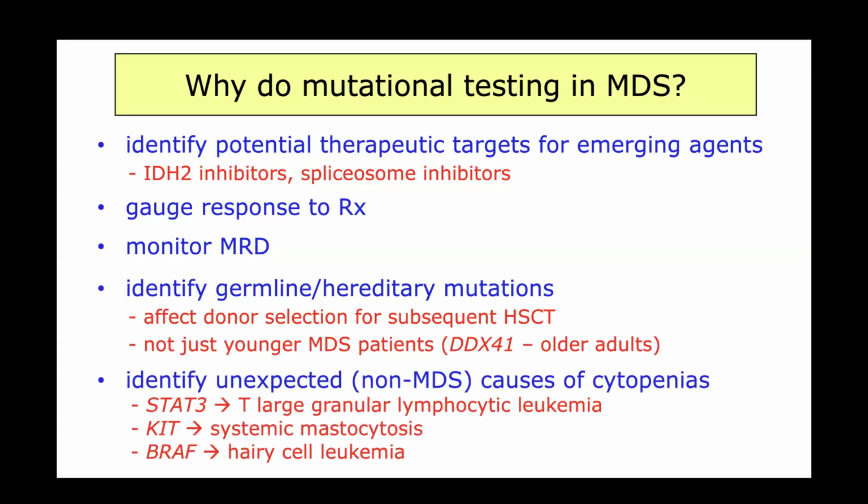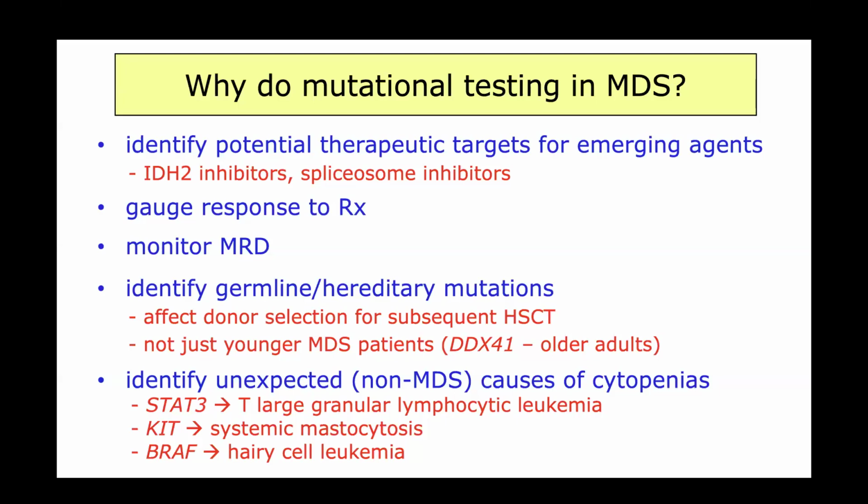Also, sometimes on panels, you may identify an unexpected other mutation that may have something biologically to do with the cause of the cytopenias. For example, if you saw a STAT3 mutation, STAT3 mutations are not known to occur in MDS to any degree, but may make you think of an underlying T-cell or occult T-cell large granular lymphocyte leukemia that was actually the cause of the cytopenias.